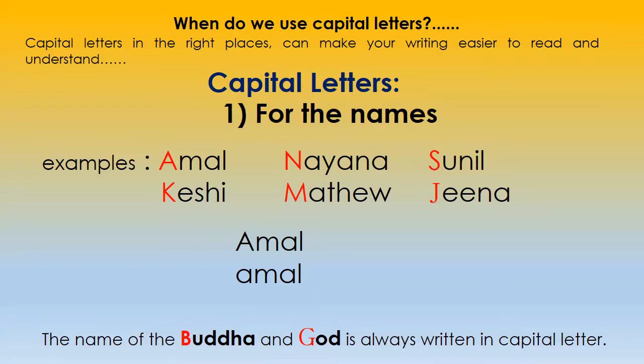Now for example, when we take Amal, the proper way is you should write the very first letter in capital. That is correct, Amal. But if you write Amal with a small a, that is totally wrong. You can't use a small beginning letter for a name.